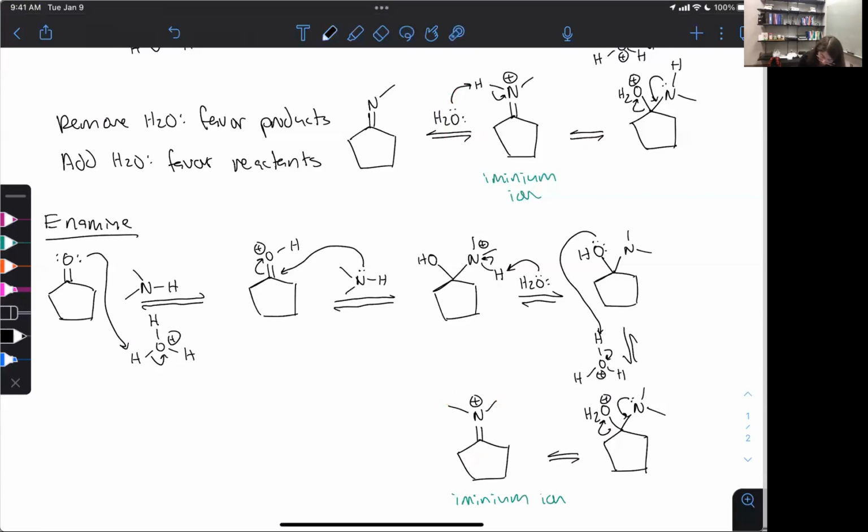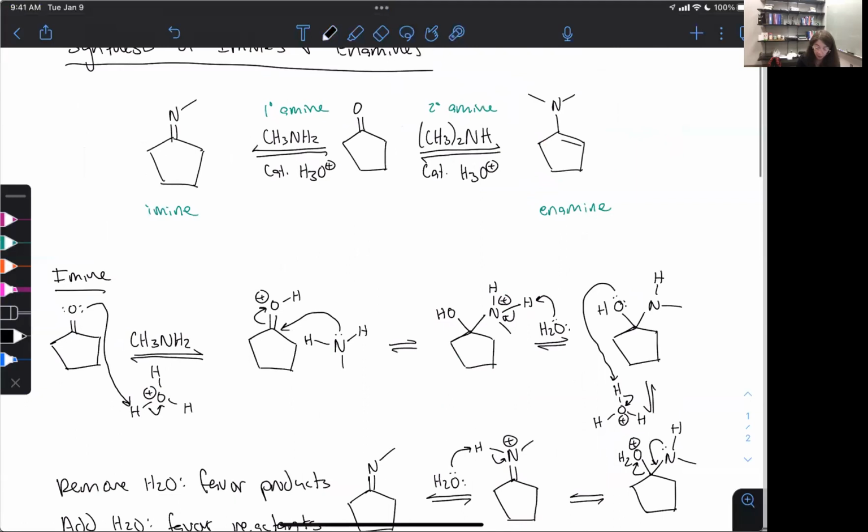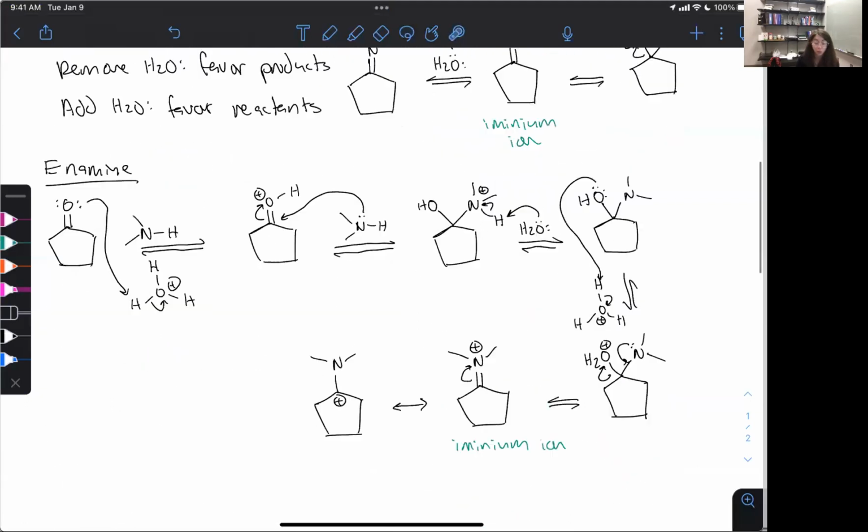So one thing that's going to be helpful here is if we think about the resonance structure, where we have the electrons moving up onto the nitrogen. Right, that's looking closer to our final product, which let's just scroll up real quick to see. So we have a single bond there between the nitrogen and the carbon. So we're getting a lot closer. And over here we have the pi bond, but we still have two H's there.